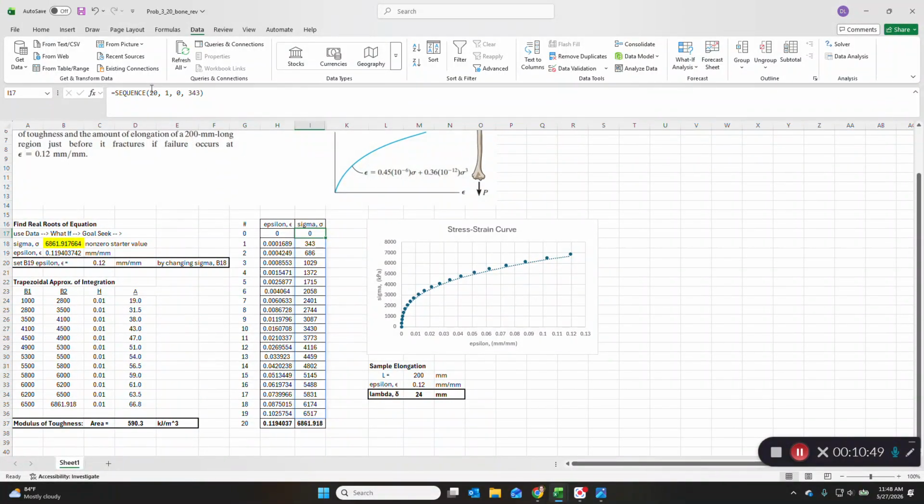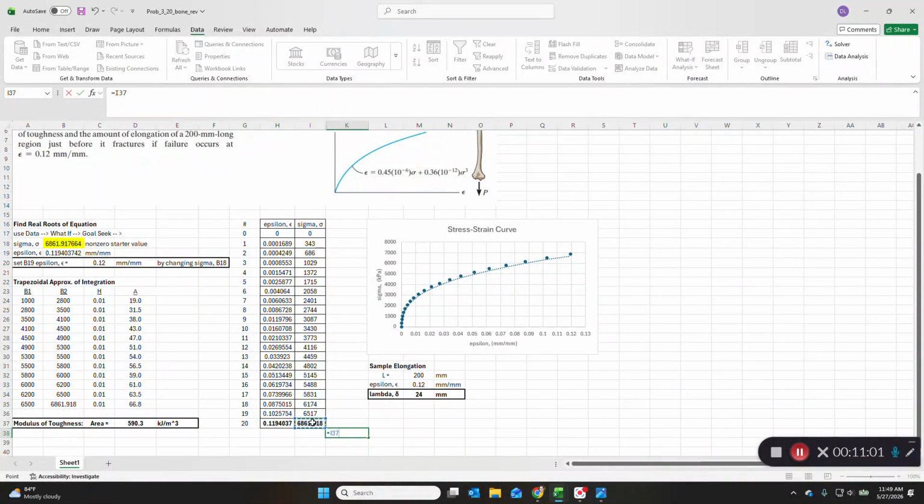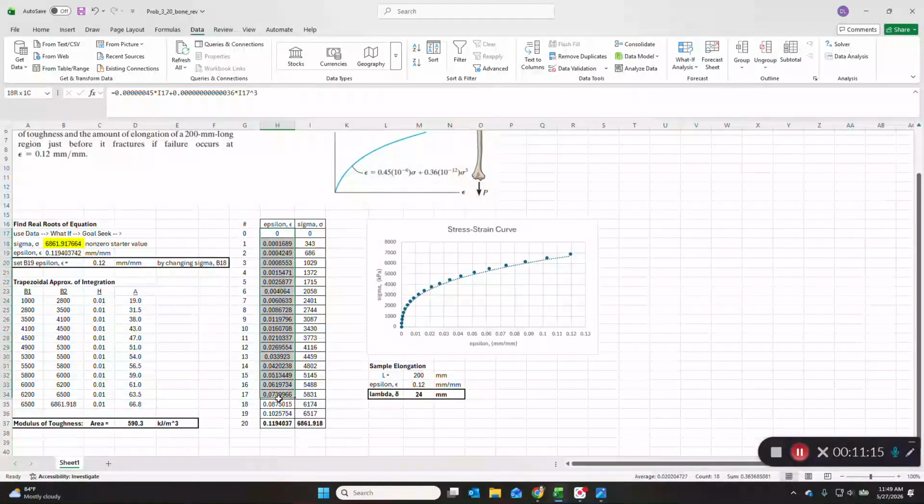Well, I used a sequence here, 20 readings in a single column, and I used 343 because what I did is I took this value that was calculated by our what-if analysis and I just divided it by 20 and I get 343. Okay, so this is linear even though it's not the case. Excuse me, but for each value of epsilon given here, which is nonlinear, then we get a sigma value all the way up to sigma max at 0.12 epsilon.